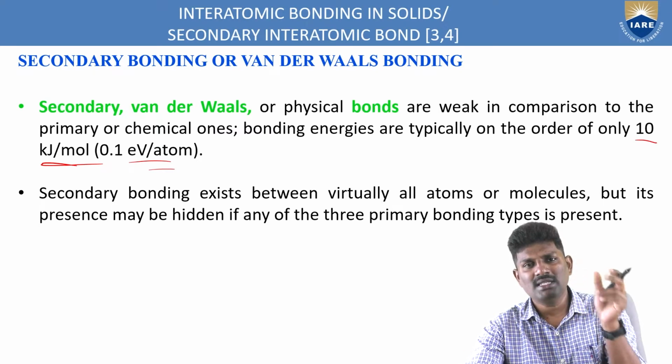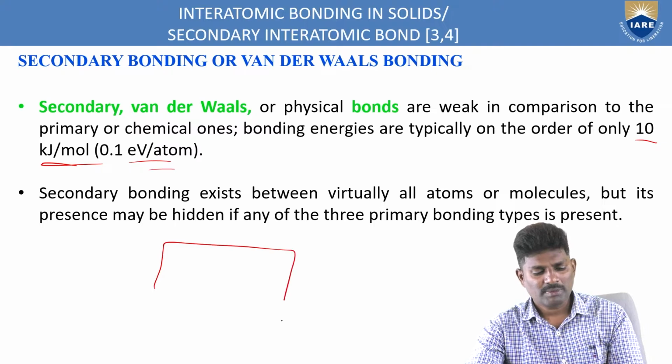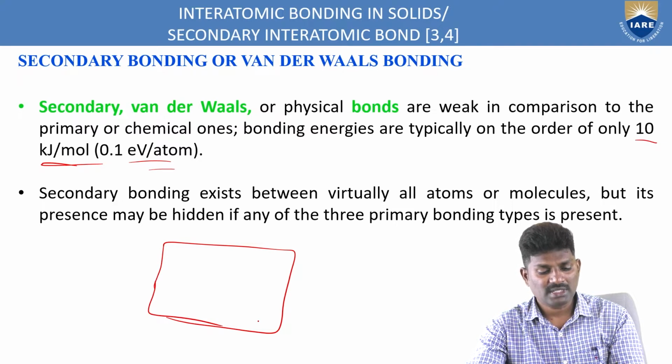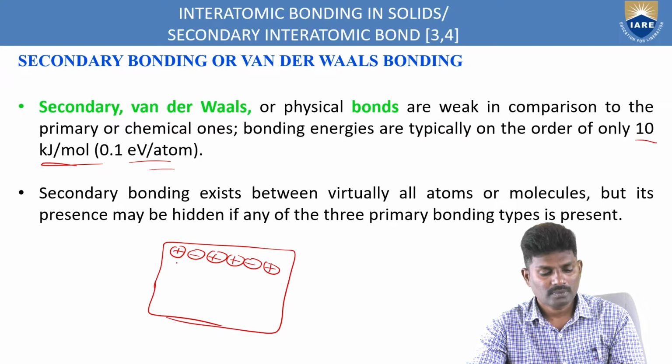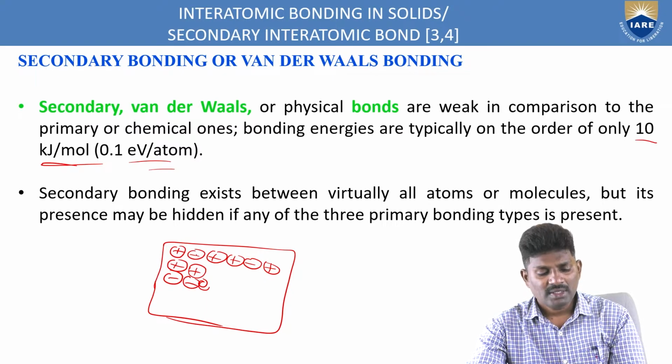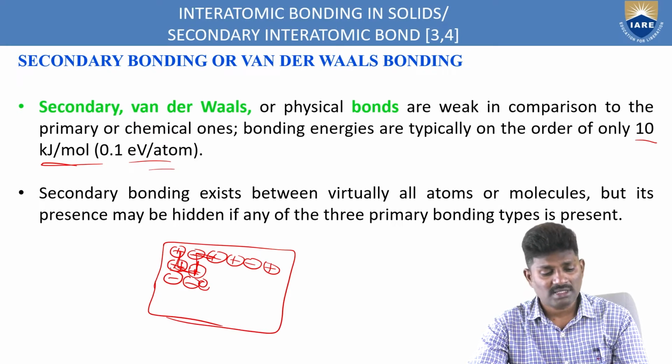Suppose this is the atomic structure, and I have positive, negative, like this arrangement. You have different energy levels, but somewhere here you have both positive. Both positive means there is a repulsion.